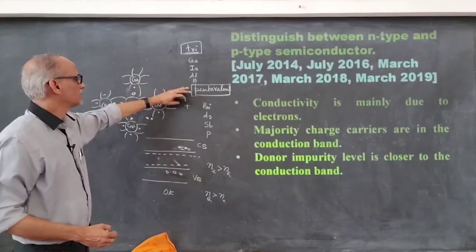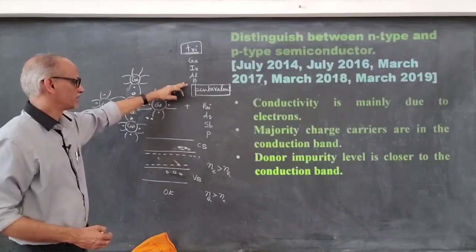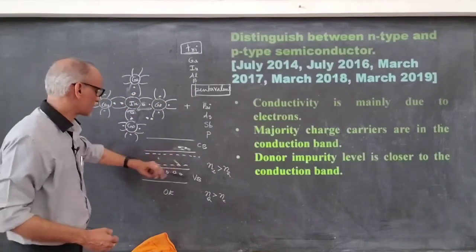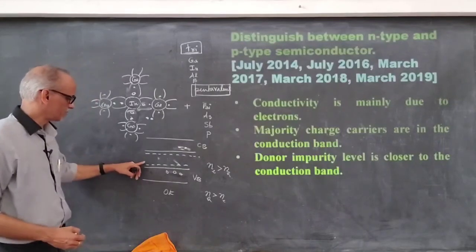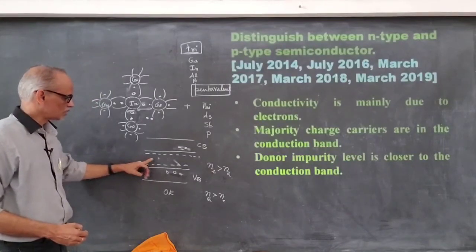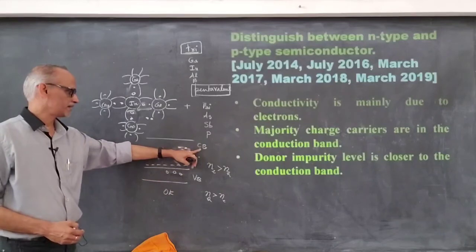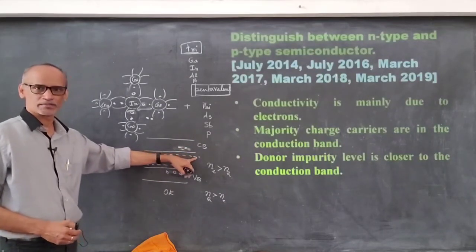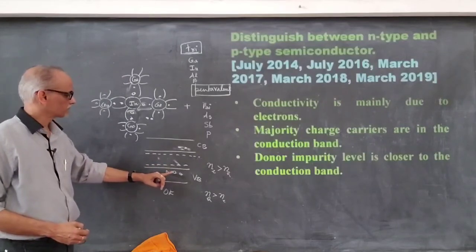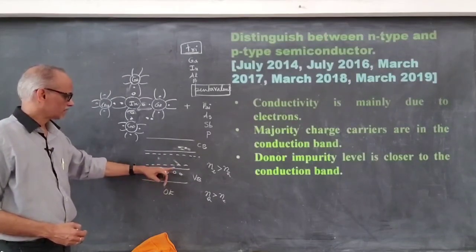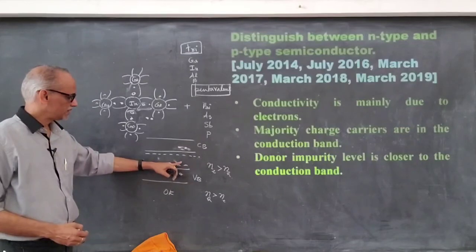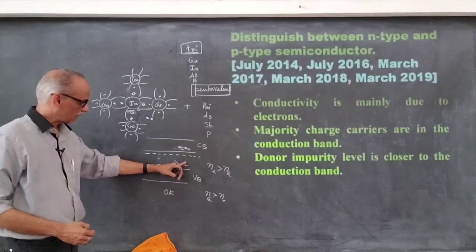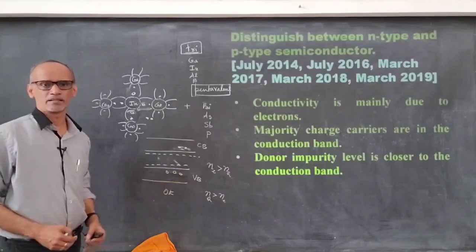Pentavalent impurity is called the donor impurity, and in the case of p-type semiconductor, the acceptor impurity level lies closer to the valence band. In the case of n-type, the donor impurity level lies closer and below the conduction band, whereas in the case of p-type semiconductor, the acceptor impurity level lies above and closer to the valence band.